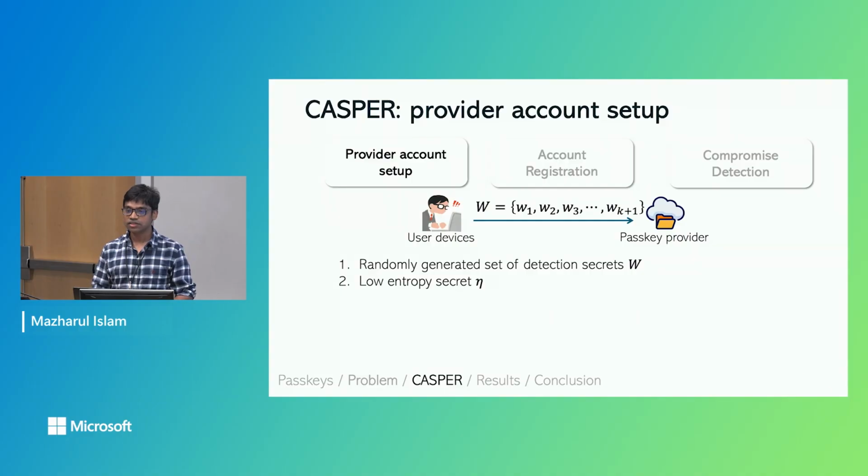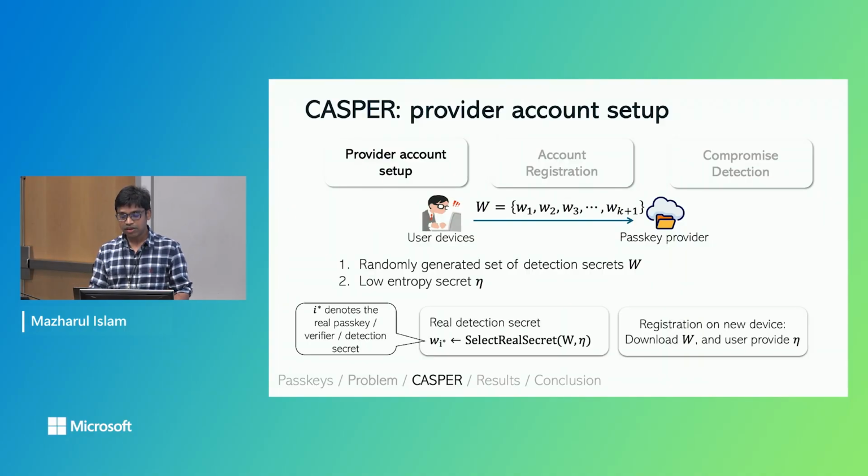These detection secrets are uploaded to the passkey provider, and we are okay exposing this set of detection secrets to the attacker. What we are not okay exposing to the attacker is the low entropy secret called ETA, because this low entropy secret is the secret sauce that we can use to identify the real detection secret.